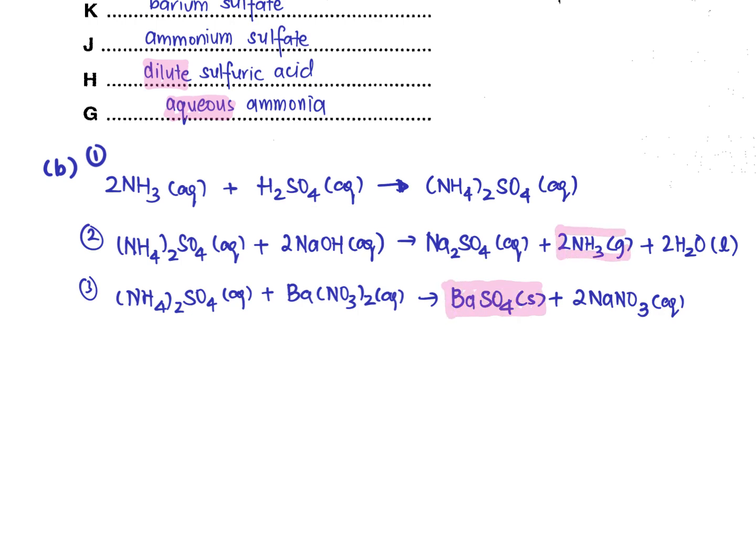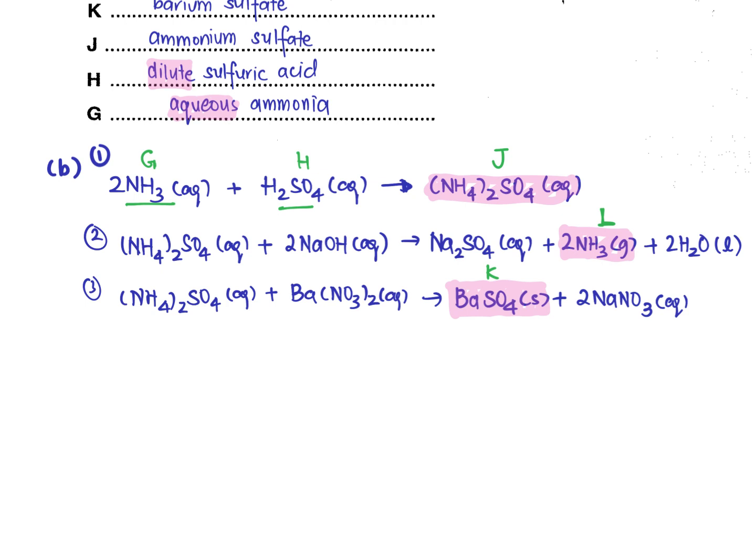The ones that are boxed up are the products formed, which you have identified earlier in the flow chart. This is your J, this is your L, this is your K. Then this is your G, this is your H. Question?